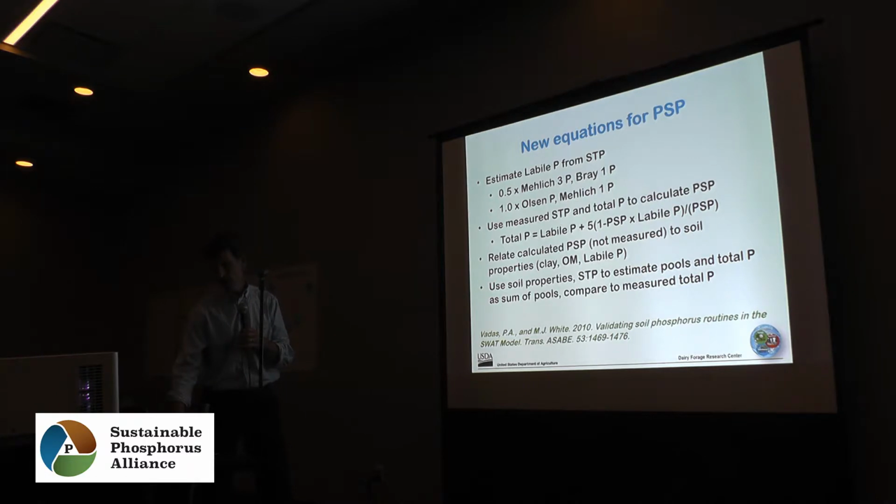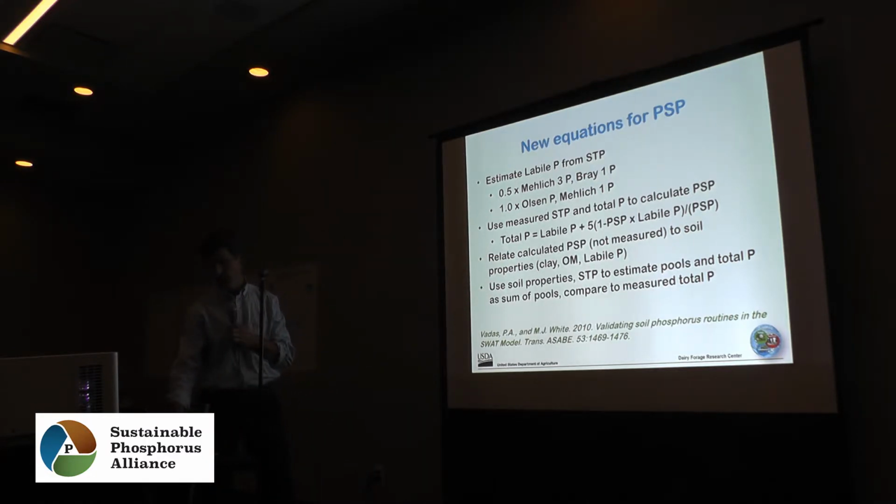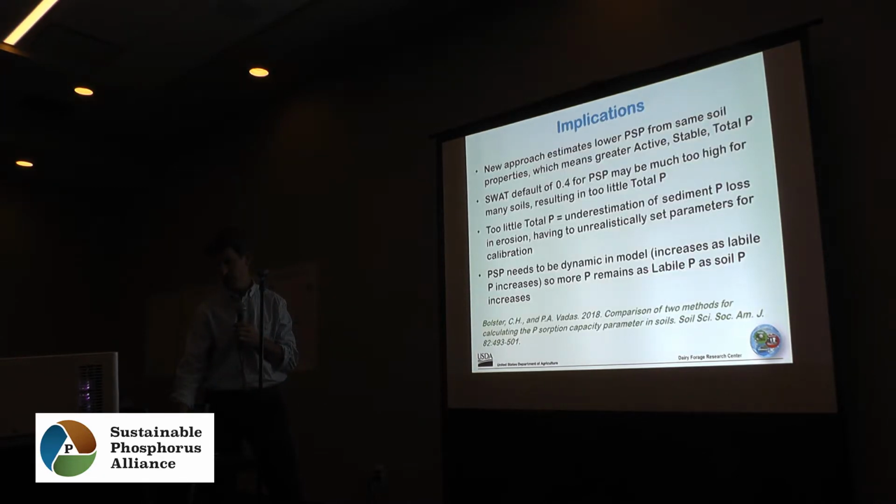So basically we're calculating what PSP should be, and we relate that to our soil properties again. We're using our soil test P and these relationships that we estimate from a calculated PSP, and then compare our measured and estimated total P. And so we can get better predictions of total P that's in the soil.